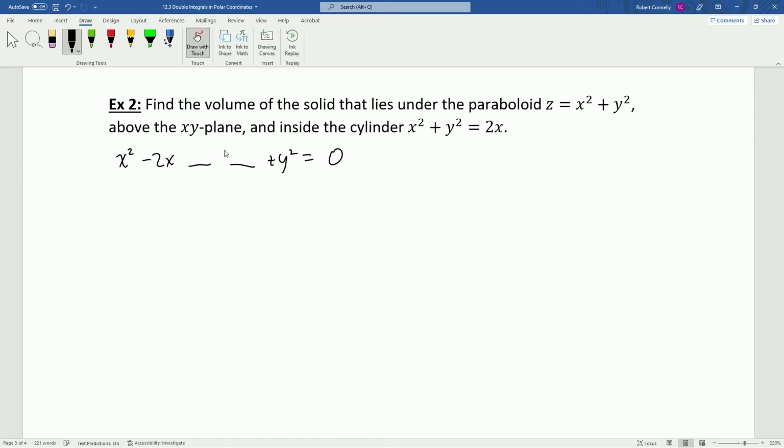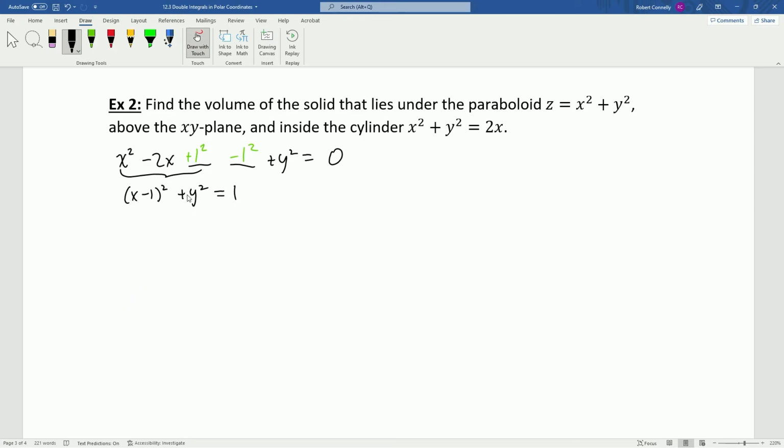That looks like 2 polynomials of x and y, and I could probably complete the square here. So b is 2, divided by 2 is 1, and squared is 1 squared. So this gives me, if I factor this, x minus 1 squared plus y squared. Here we've got minus 1, but if I add it to the other side, I get 1.